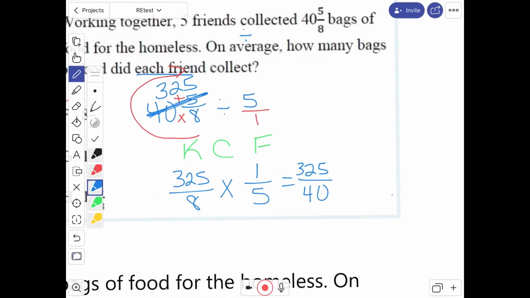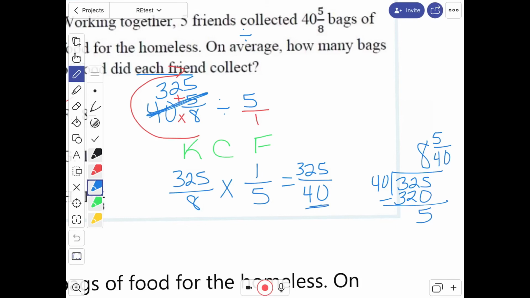It's an improper fraction, so I'm going to divide it out. 40 is going to go into 325 8 times, because 40 times 8 is 320 with 5 left over. The leftovers go on top.